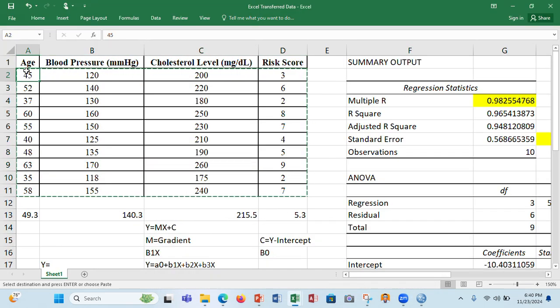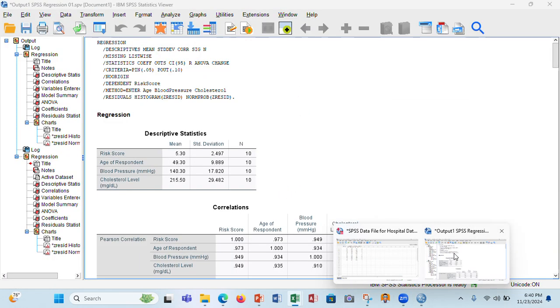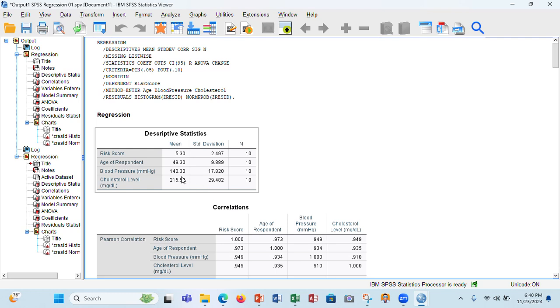If you count from row 2 to 11, those are 10 respondents, and that is the sample size SPSS is showing here as 10.